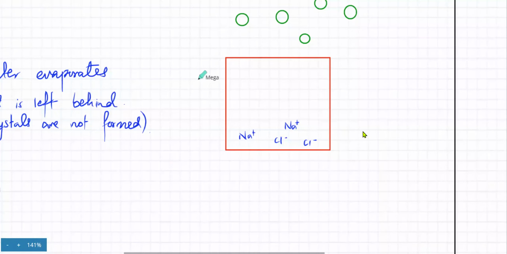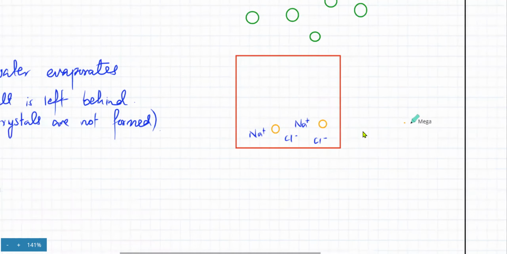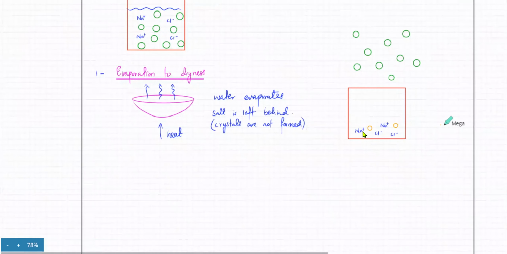For example, if your original water had sand particles, then the salt that you have would still have impurities. So it's not a good method, because crystals are not formed, and the other reason is impurities. If there are any impurities present, like sand in water, they are not removed this way.